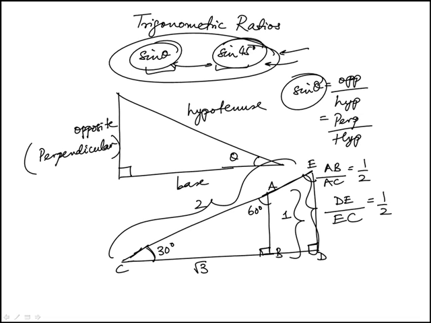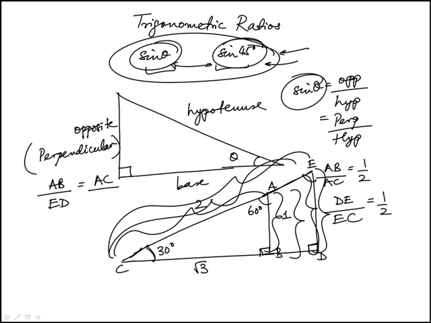So if the internal angles are the same, then the ratio of corresponding sides, AB to ED, would be equal to AC to EC. And I can cross multiply and rewrite this as AB times EC is equal to AC times ED.